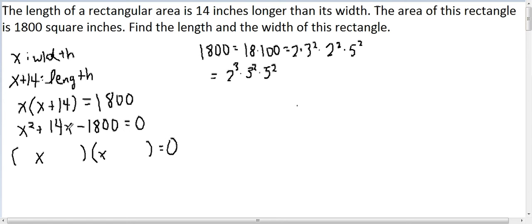So that means that the two factors must be either both even or both odd. Now, the problem is we have a factor of 2 here, 2 cubed. That means it's going to force at least one of the factors to be even. So we can't have odd, odd as the two factors.